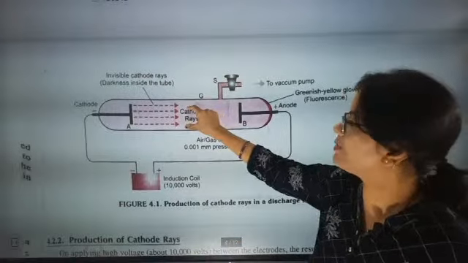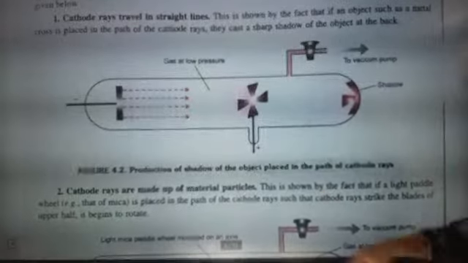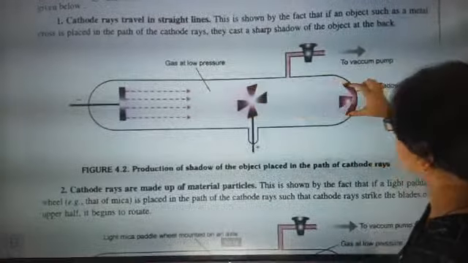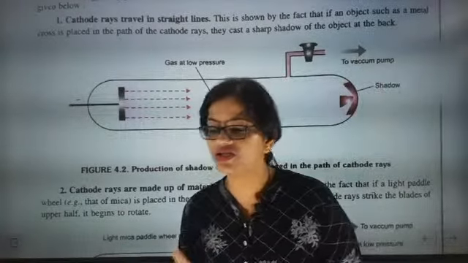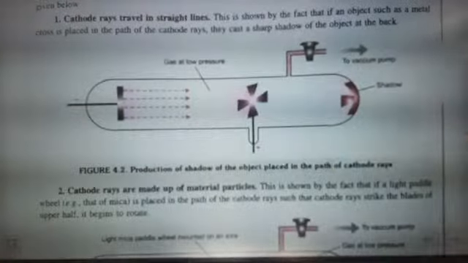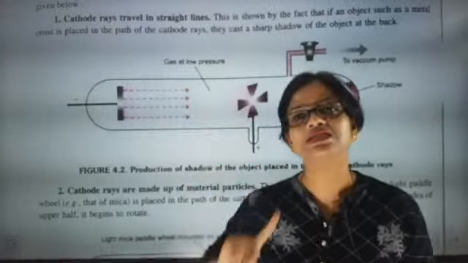We saw that the shadow of this metal plate is cast in this region, and this proves a very important point, that cathode rays are traveling in a straight line.